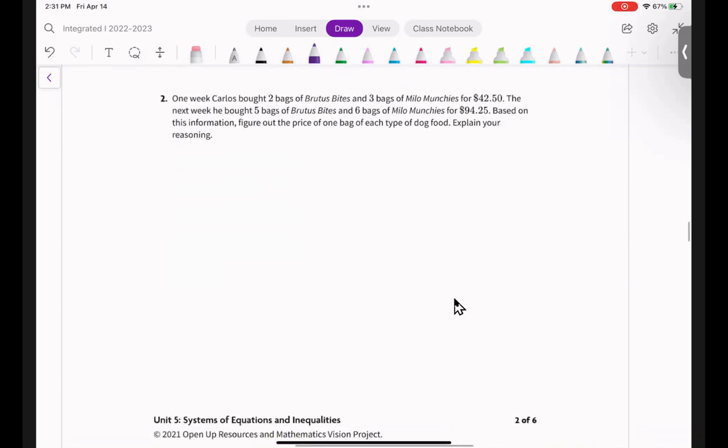Okay, so now that you're back, I'm going to write some of this information down. 2 bags of Brutus Bites and 3 bags of Milo Munchies is equal to $42.50. You can almost see an equation there, but I'm trying really hard not to write an equation, right?